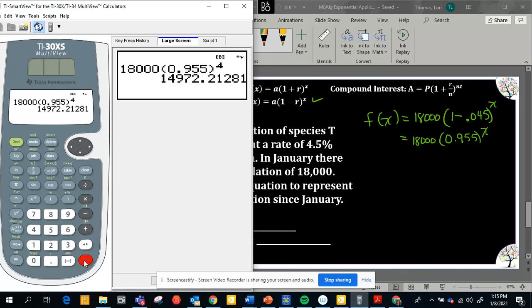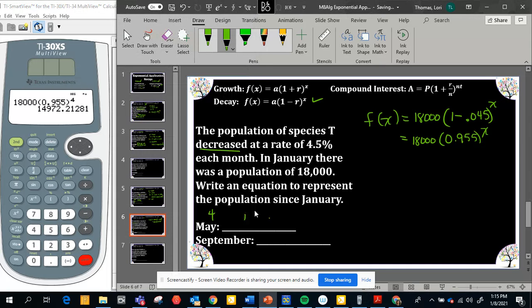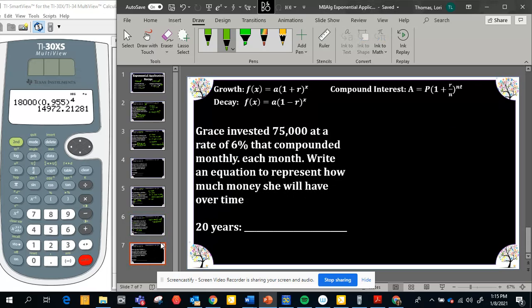So that is going to give us, and again, we're talking about a population, so we're going to just round to the nearest whole number, 14,972. And then you do the same thing for September. You just count from January to September and plug that in for X. Okay, let's do one more.